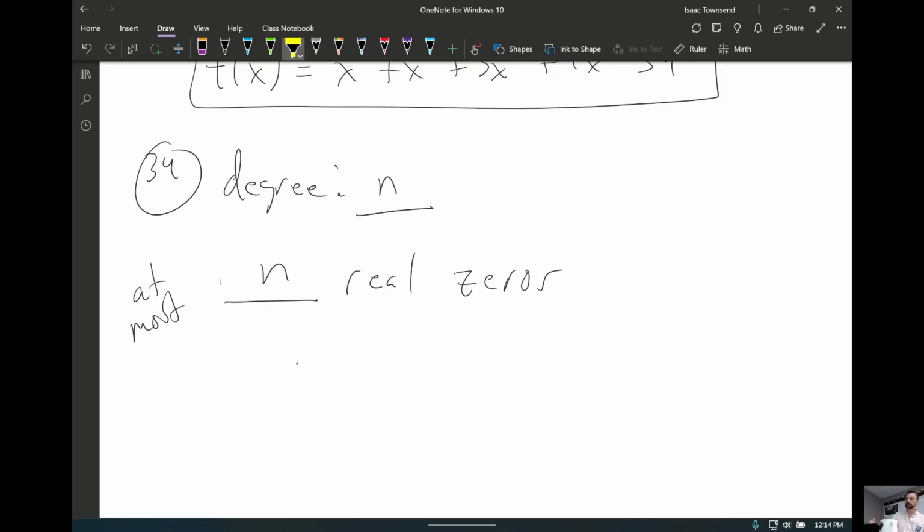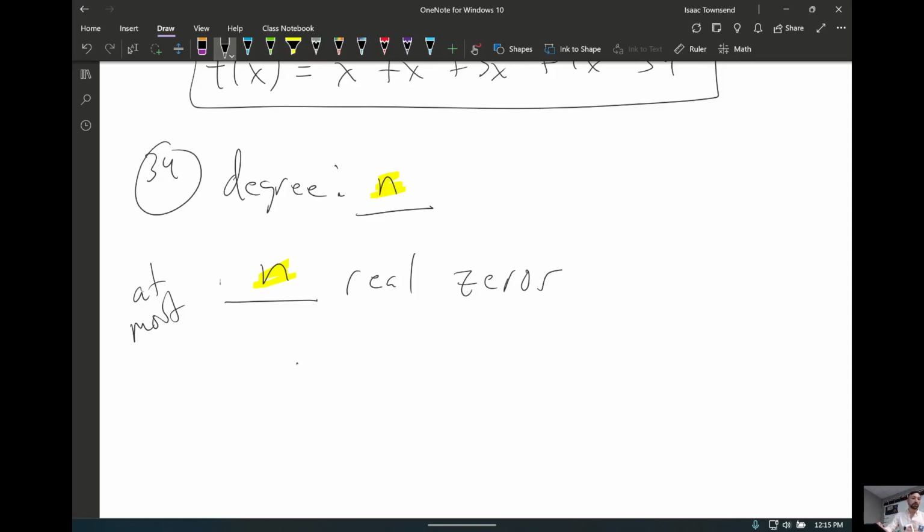Whatever the degree is, how many total zeros there are. The reason why it says at most is because some of those zeros might be real zeros, some of them might be imaginary. But the fundamental theorem of algebra tells you the degree is the same as the number of zeros. They don't have to be real zeros, that's why it's at most that many zeros.